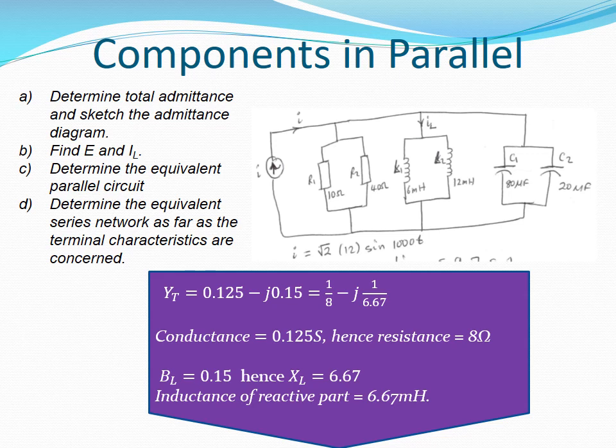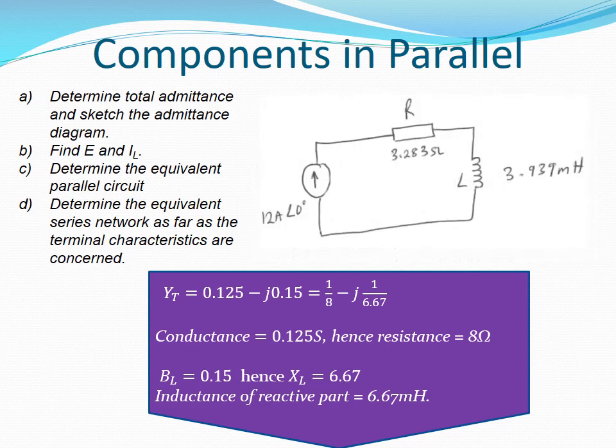To obtain the equivalent parallel circuit, we express the total admittance in rectangular format. We get the value 0.125 minus J 0.15. Therefore, the circuit is made up of a resistance in parallel with an inductance.